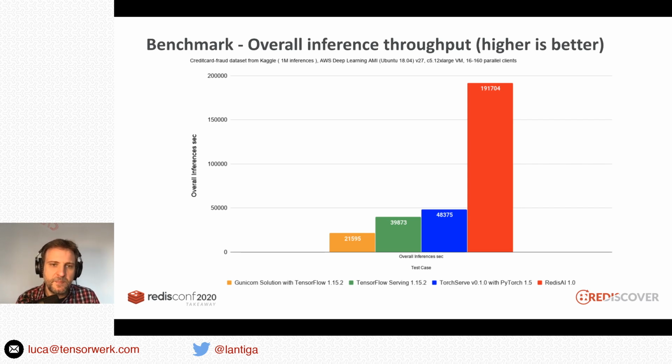Again, the mileage may vary, of course, because this is a very specific use case. We are probing whether the architecture and implementation of RedisAI is capable to sustain a lot of requests and add the minimum amount of overhead over your request, because the premise is you want to use your hardware in the most effective way possible.